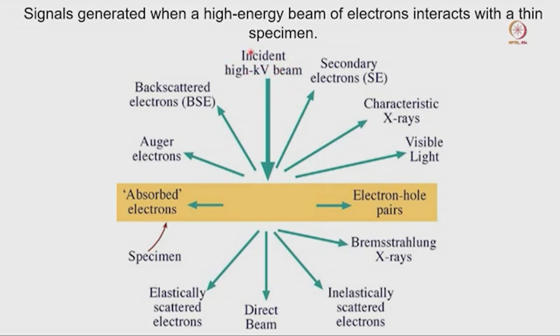I will just call this the incident beam, and then when it interacts with the sample there are two possibilities, or you can say three possibilities. One is that the electron beam will interact with the sample and the sample will absorb some electrons, and that is basically damaging the sample.